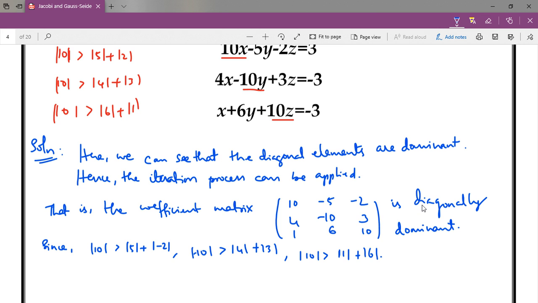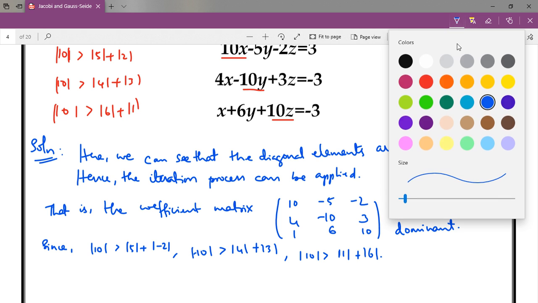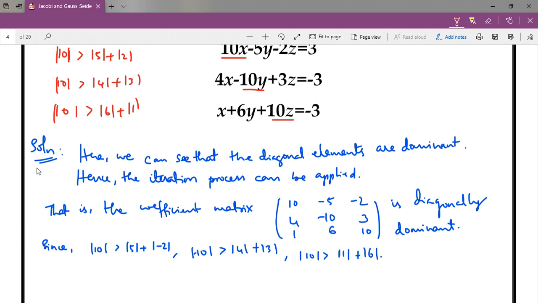So each diagonal entry is greater than the sum of the other two. This condition you have to check always before going for the iteration process. This is important.